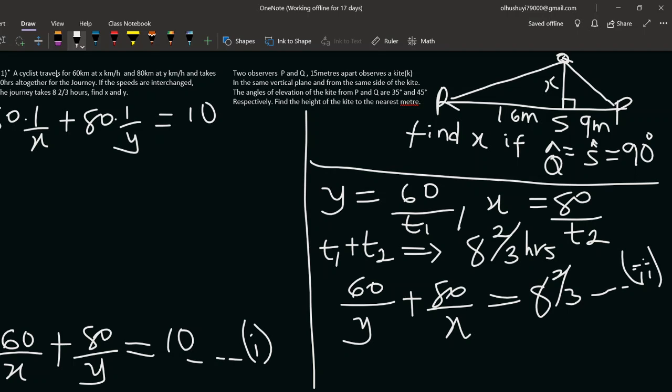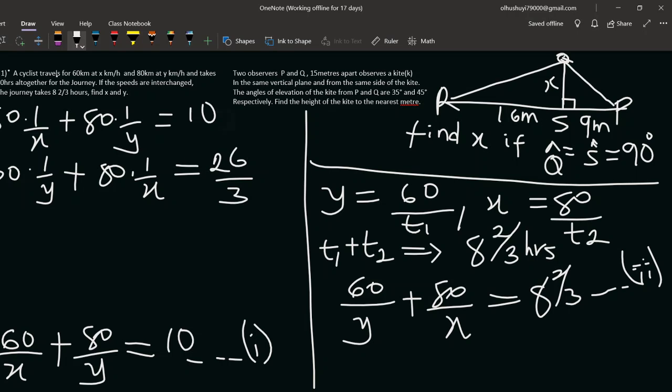And also the second equation: 60 times 1 over y plus 80 times 1 over x. That is equal to 24 plus 2, since 3 times 8 is 24, that is 26 over 3.